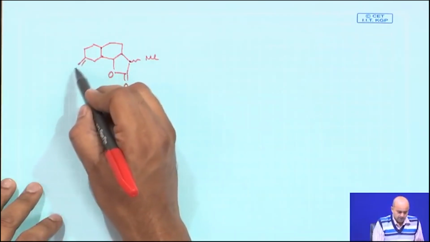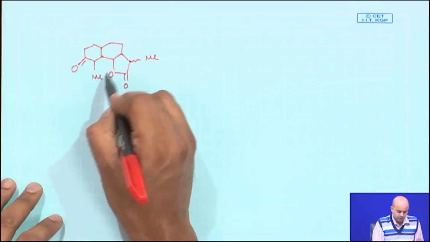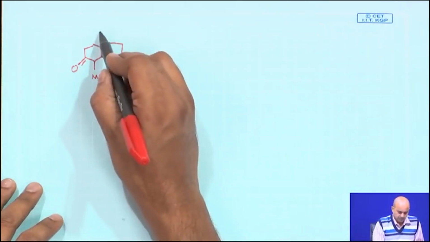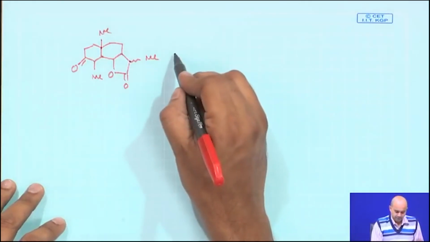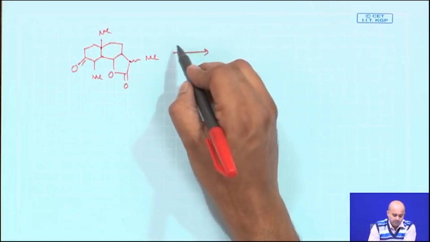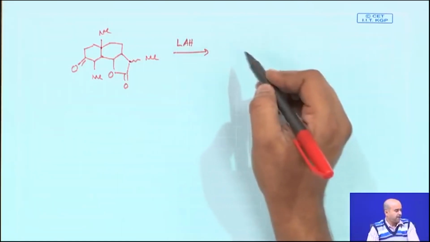We have a compound something like this. The stereochemistry portion I have not mentioned here. The compound structure is this, and I said for this compound, I will be giving you the reagent lithium aluminum hydride.